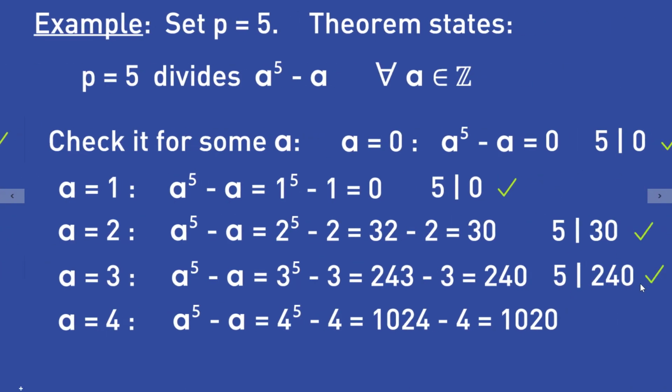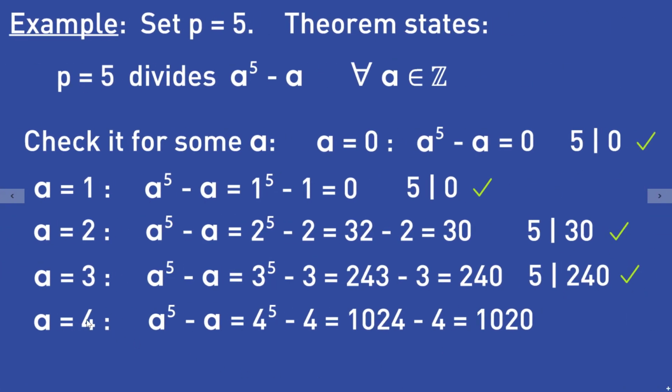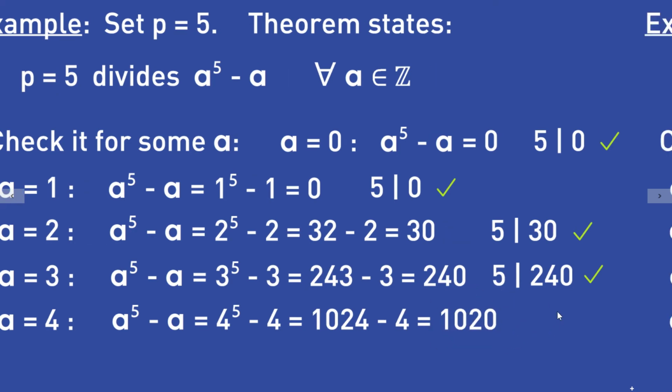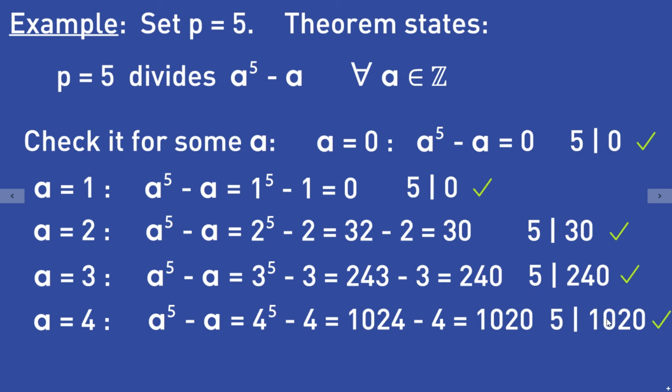For a equal to 4, a to the power of 5 minus a is 4 to the power of 5 minus 4, which is 1024 minus 4, which is equal to 1020. And 5 divides 1020. So that's okay too.